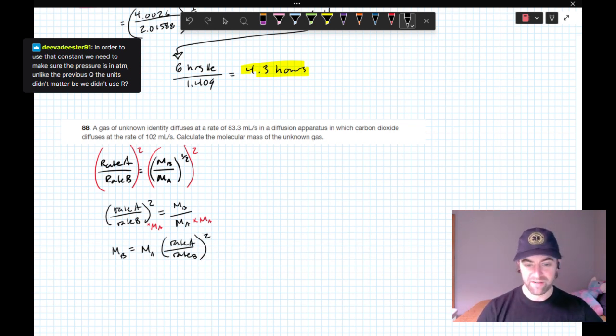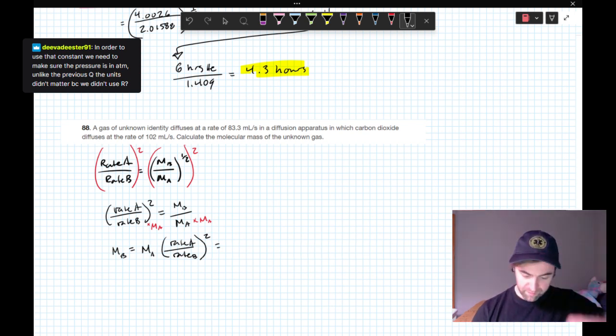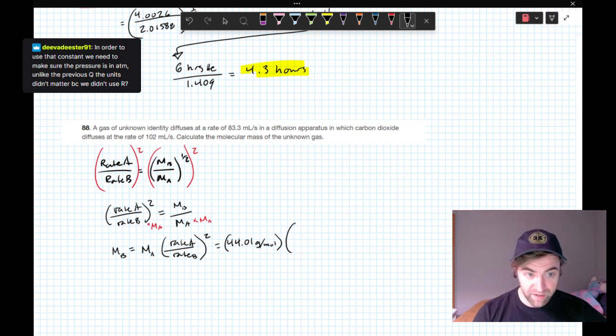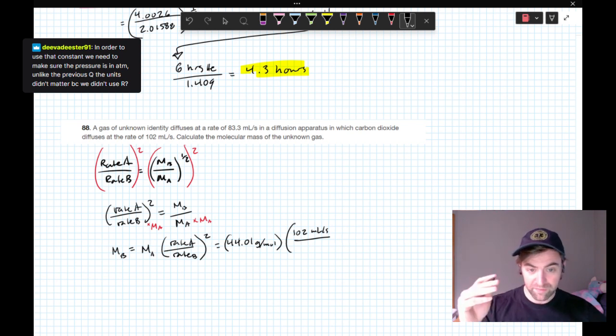And now we plug in some values. Carbon dioxide is 44.01 grams per mole. We were given a rate of 102 milliliters per second. And again, let me make sure I've got this right.